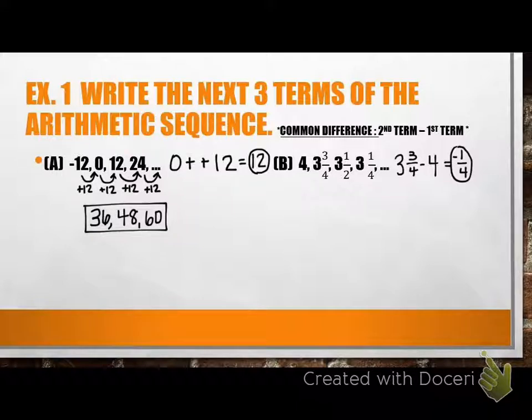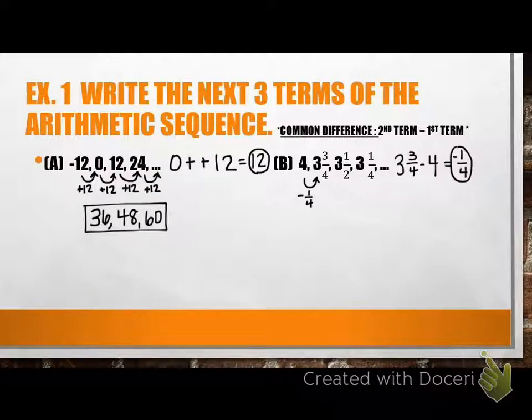Now, let's see if it works. Remember, we're testing. Is this actually an arithmetic sequence? If it is, negative 1/4 or minusing 1/4 will bring us to the next number all the way across. So what is 4 minus a fourth? Class? Again, you got 4 whole pizzas, and I'm going to eat a fourth of one of them.